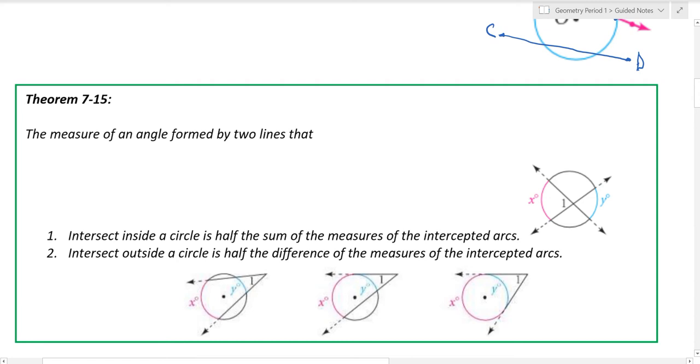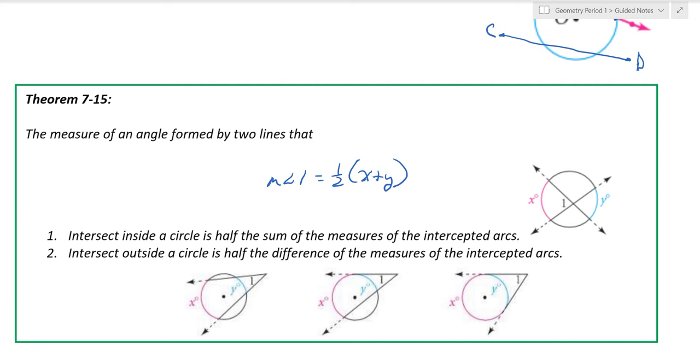So if we take a look at the little diagram here, we have arc x and arc y, and we have an interior angle right over here, angle 1. The relationship between those arcs and that angle is that the measure of angle 1 equals 1/2 (x + y). If the angle is inside the circle, that's the relationship that we use.